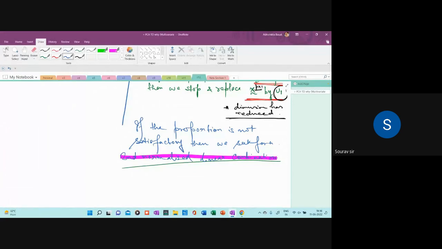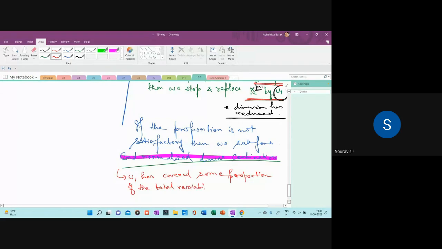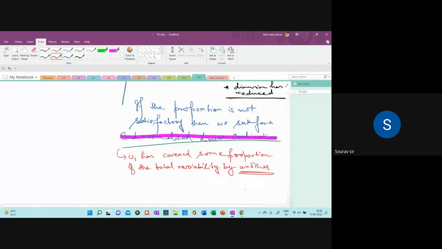Whichever component I use at the second position, if u1 has already covered some proportion of the total variability but some more components are needed, then we seek another normalized linear combination.